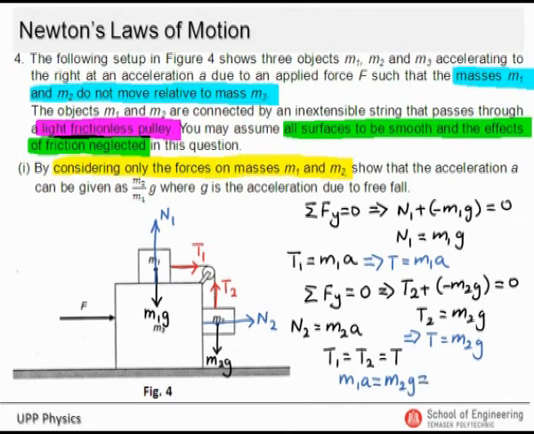And by rearranging, we can see that A is actually M2 over M1 times G. And hence, we have proven that the acceleration A can be given as the ratio M2 over M1 times G.